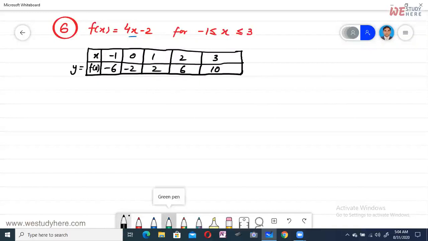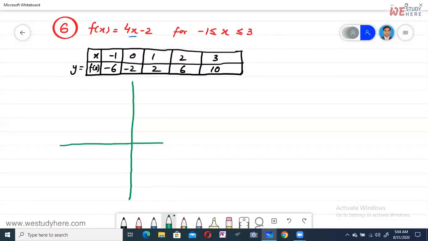Now we have to draw the graph. This is the y-axis, this is the x-axis, positive x, positive y, negative x, and negative y.